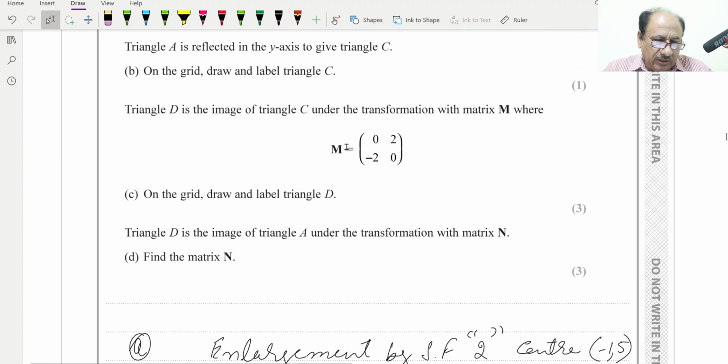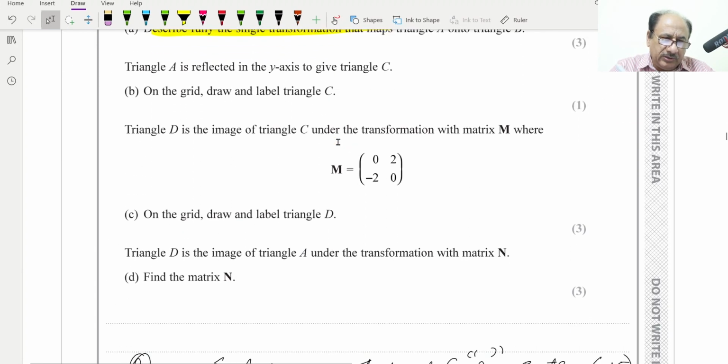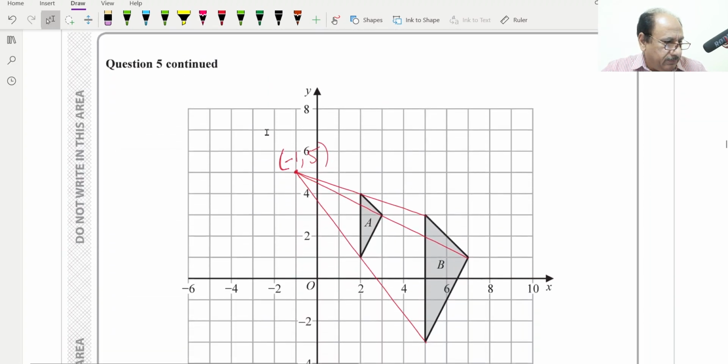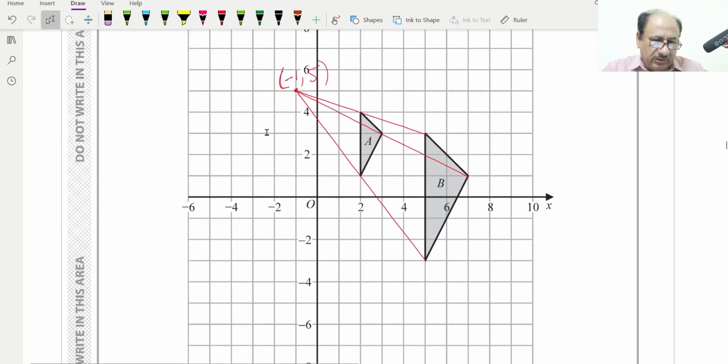Now this is done. B part: triangle A is reflected in the y-axis to give triangle C. On the grid, draw the triangle C. So we need to draw triangle C on the grid, so we have to reflect, and for the reflection, we can take the points.